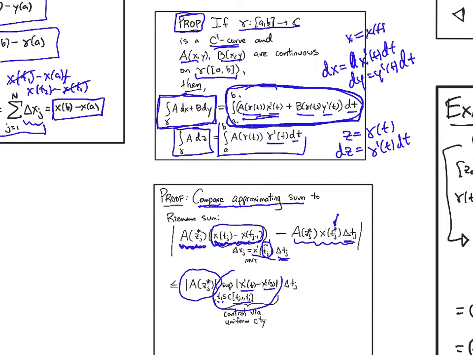And we can control this for small delta t's using uniform continuity. So I could make this small over all of the intervals, independent of j, and that would give me a way to compare approximating sums to Riemann sums, and then you could just refer to the theory of Riemann integrals to show that we were actually tending towards the Riemann integral here. Now let's get to examples.